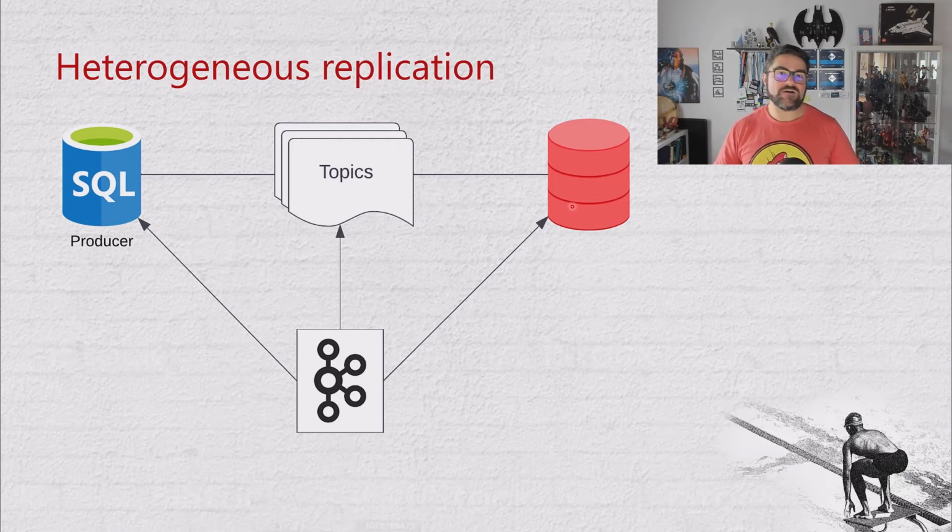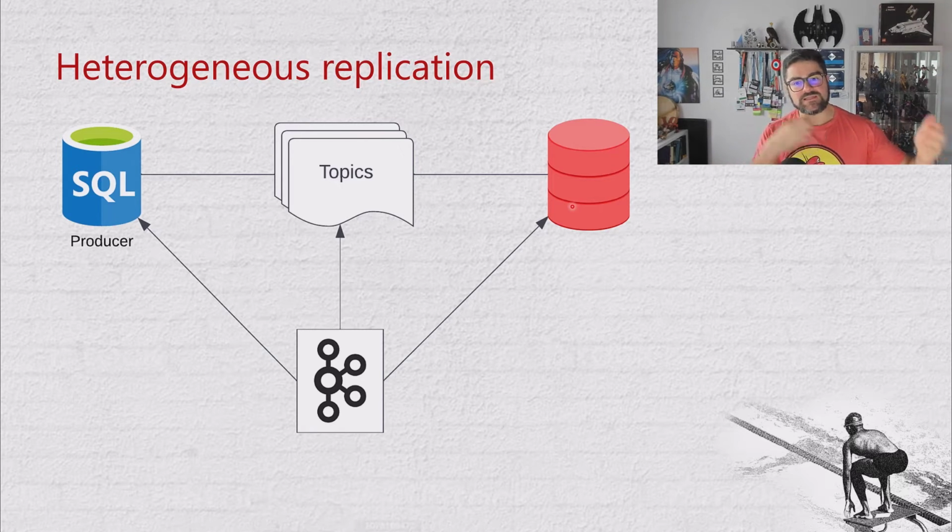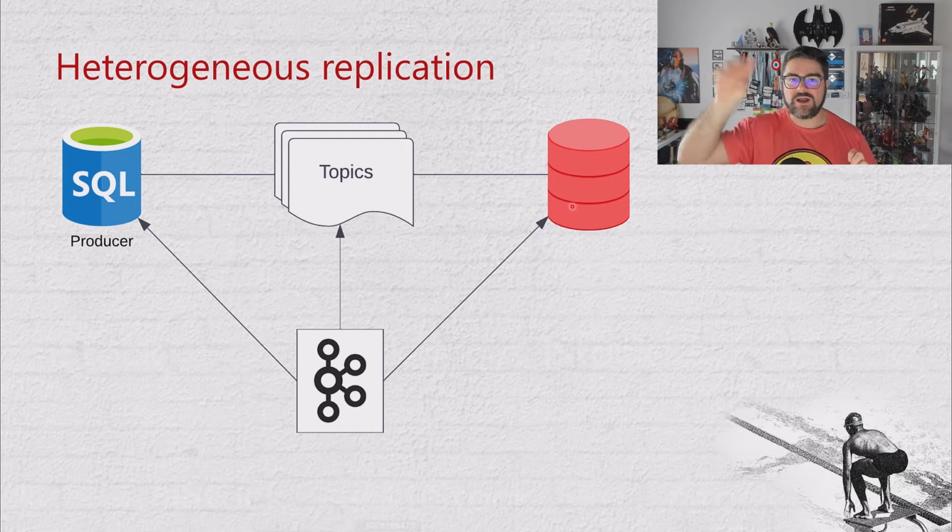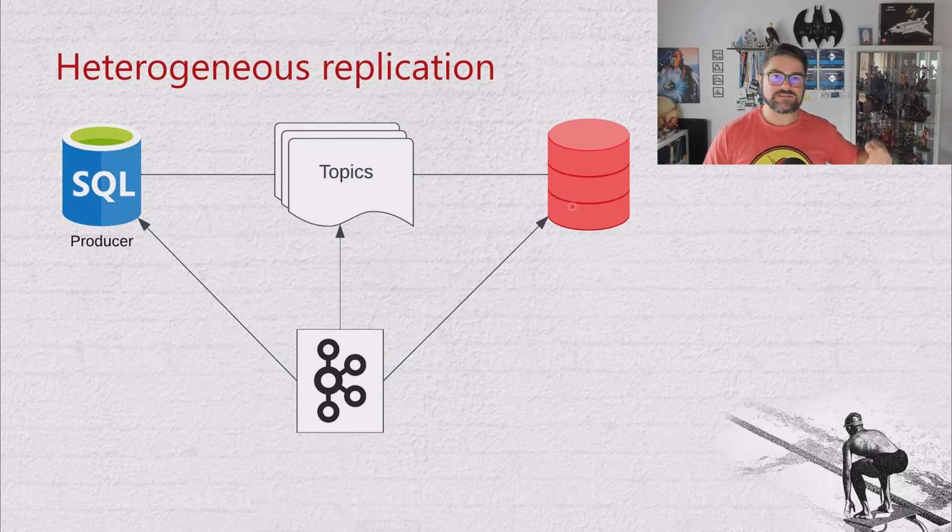So you could have a transaction that was starting on the Oracle side, and you would read that transaction in the SQL Server side, and vice versa would work as well. So you would have a transaction that would start on the SQL Server side, and any of those tables or articles that were being generated on the SQL Server side would be replicated into the Oracle side as well. But that scenario is not supported anymore by Microsoft, okay?